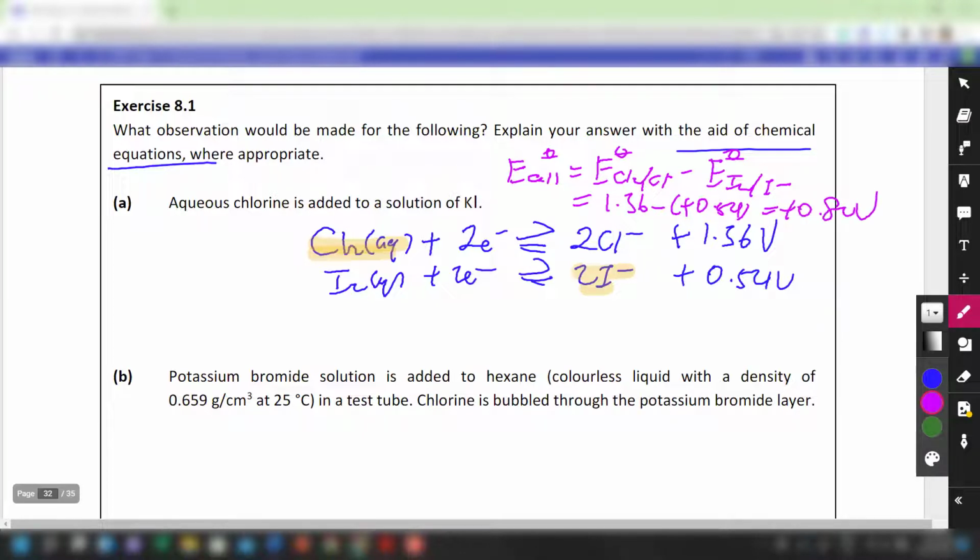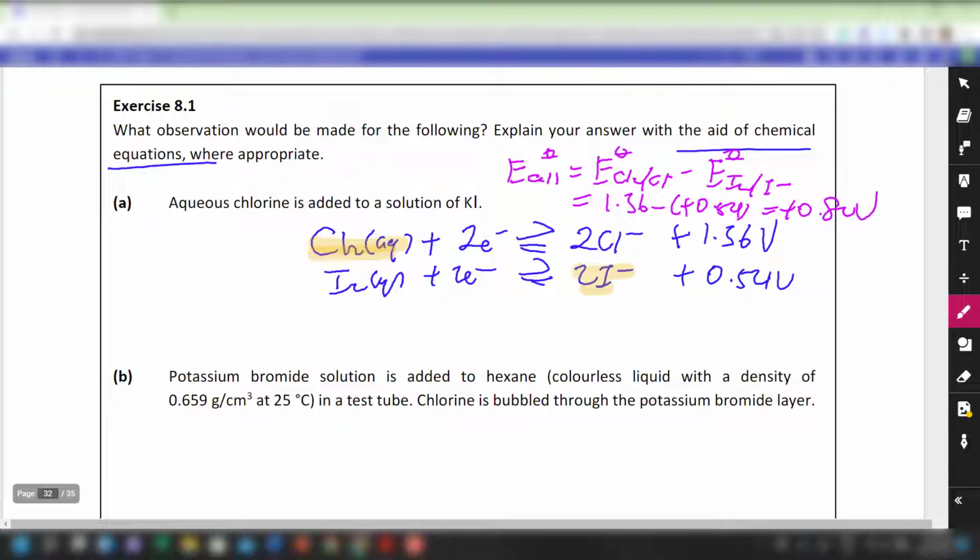Because I get a positive E cell, I would conclude that the forward reaction is spontaneous. So I expect the colorless KI to turn into a brown solution. That will be the observation I will make.